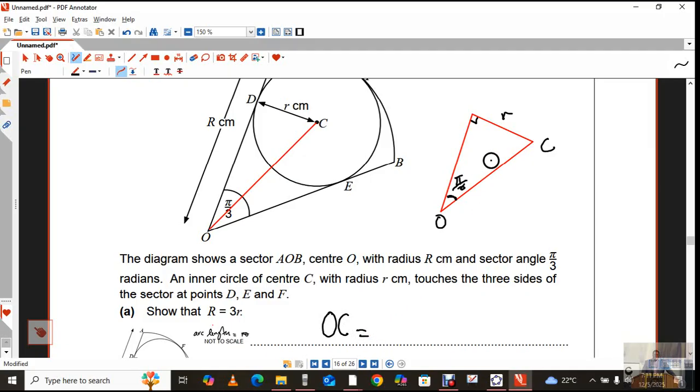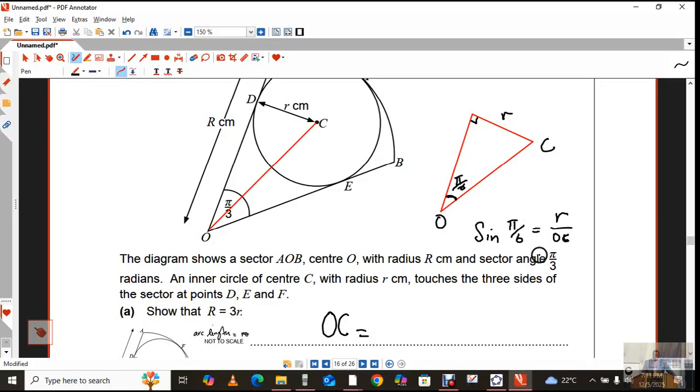You with me? And I can use my trig ratios. I'm looking for the hypotenuse. I have something opposite, so I'm going to use the sine. So what does the sine say? The sine of pi over 6 is equal to, the opposite is R over OC. So to find OC, I would say OC is going to be whatever that radius is.